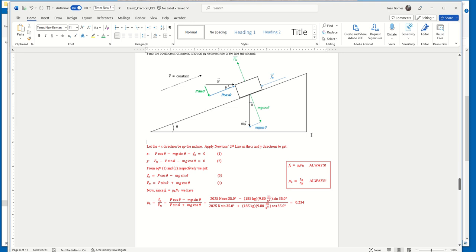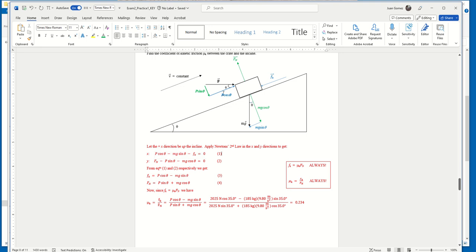Well, in the x direction, I have P cosine theta is positive, mg sine theta and Fk are both negative. So I have P cosine theta minus mg sine theta minus Fk equals 0. Let's leave it like this.